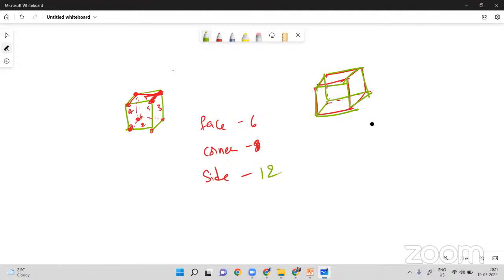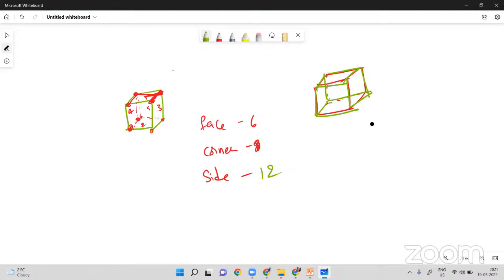But if the cube has some numbers or letters on it, we call it a dice. If we have numbers or symbols, sometimes we call it a dice. Generally where can you find dice? Sometimes we play games like ladder and snakes, in these kinds of games we use dice, right?